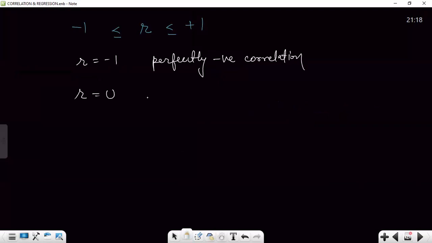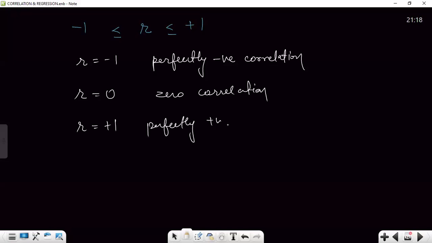R is 0, you might have guessed it, for zero correlation. And R will be +1 for perfectly positive correlation.